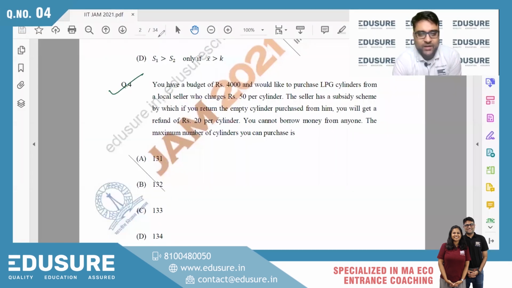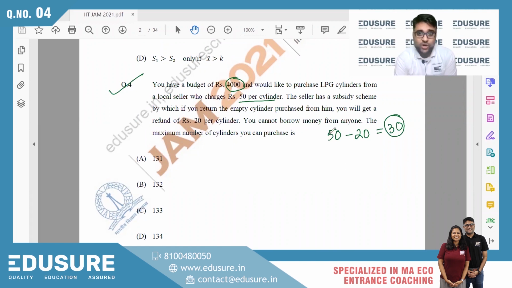IIT JAM 2021 question number 4. You have a budget of 4,000 and would like to purchase LPG cylinders from a local seller who charges 50 rupees per cylinder. The seller has a subsidy scheme by which if you return the empty cylinder purchased from him, you will get a refund of rupees 20 per cylinder. So basically my effective price is 50 rupees minus 20; if I return the cylinder, my effective price is 30 rupees.